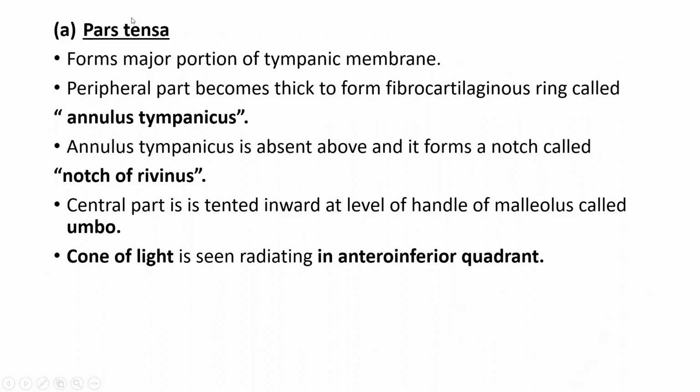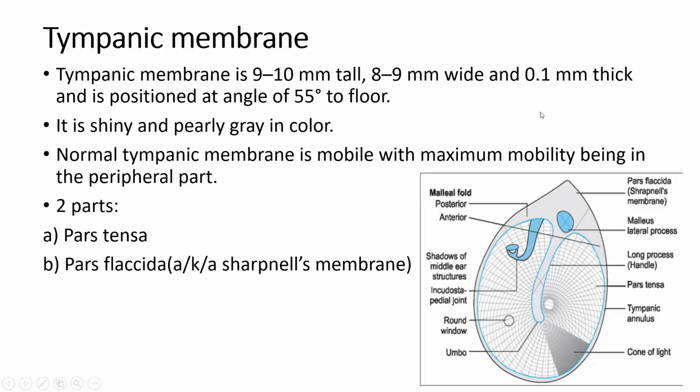So what are the important points regarding the pars tensa? Pars tensa forms the major portion of the tympanic membrane. Peripheral parts become thick to form a fibrocartilaginous ring called annulus tympanicus. So in the diagram, you can see that the peripheral part of the tympanic membrane, pars tensa, has become thick to form a fibrocartilaginous structure to fit in the tympanic sulcus.